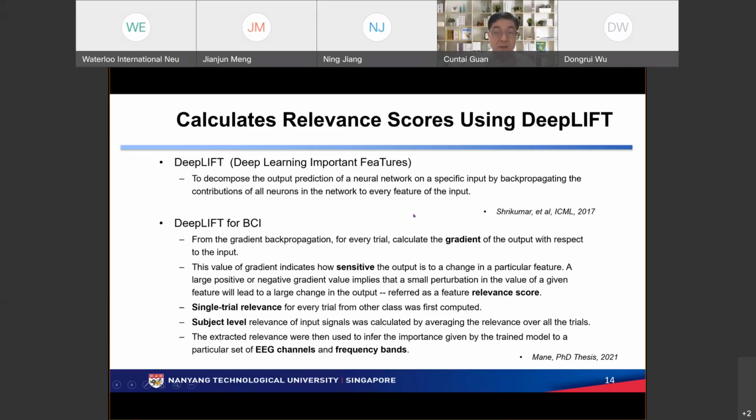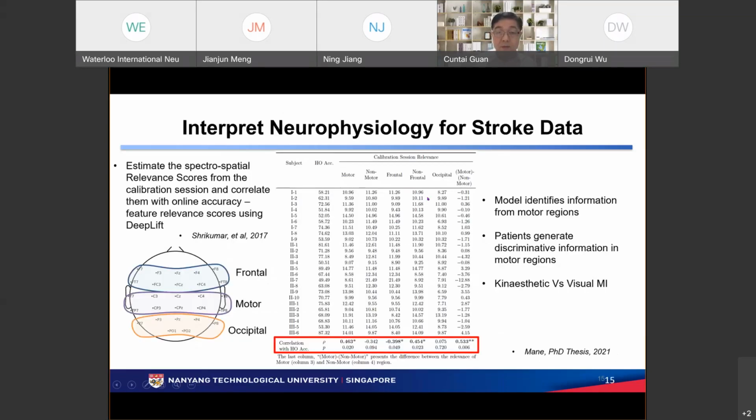So first, among all the 26 subjects, because they have gone through the online sessions, we can estimate the average online accuracy, and also list it down here. Then we calculate the relevance score for each part of the brain.